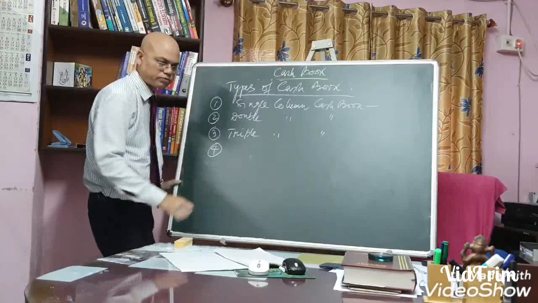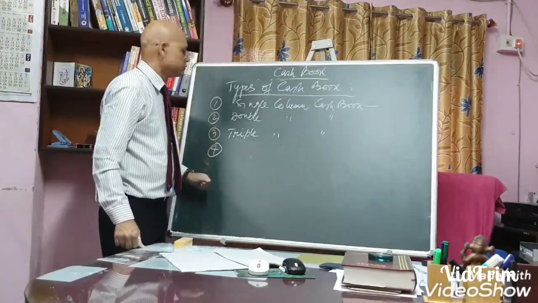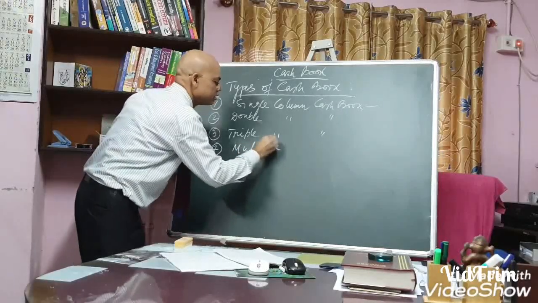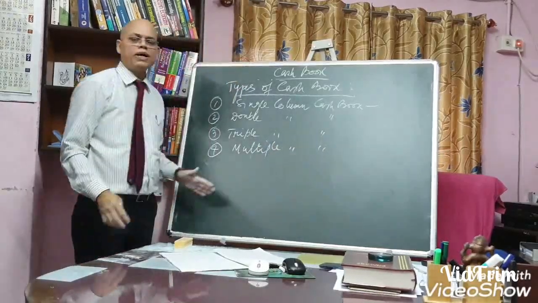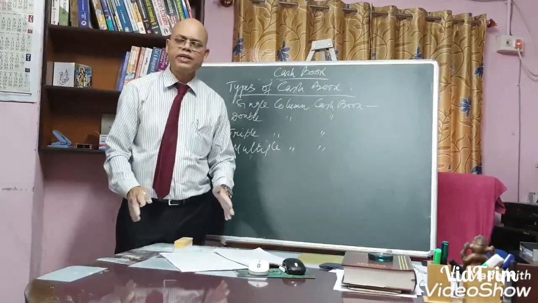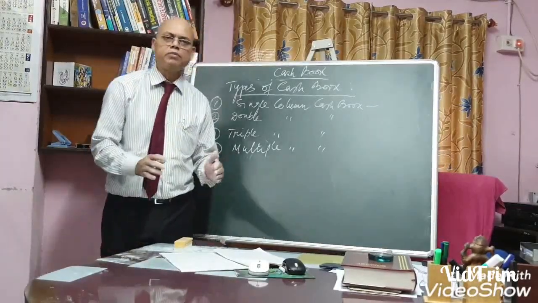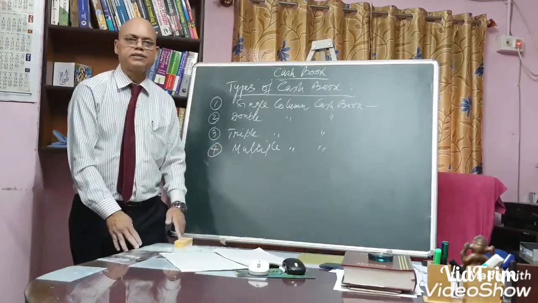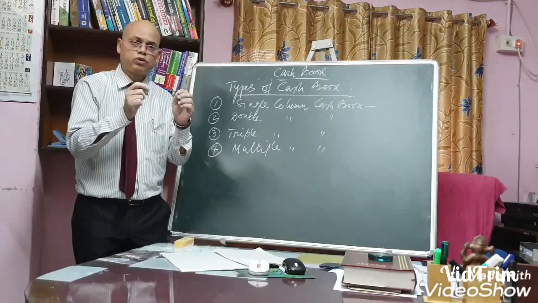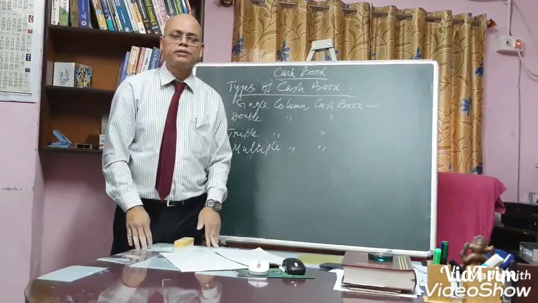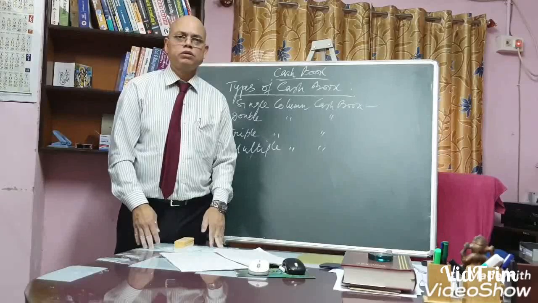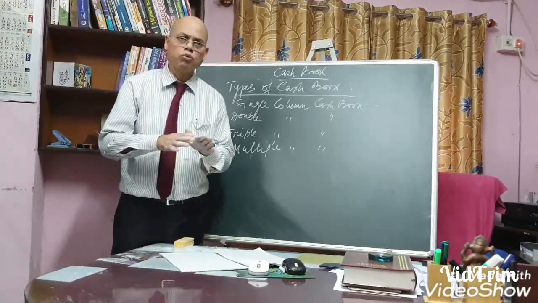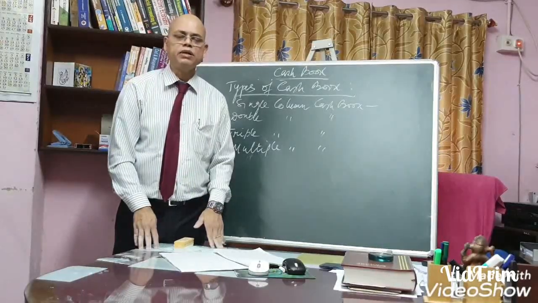Number 4, multiple column cash book. What is multiple column cash book? For the convenience of the accountant, he can maintain different columns on both the sides, and he wants to know from which heads the incomes have been received and to which heads the payments have been made.